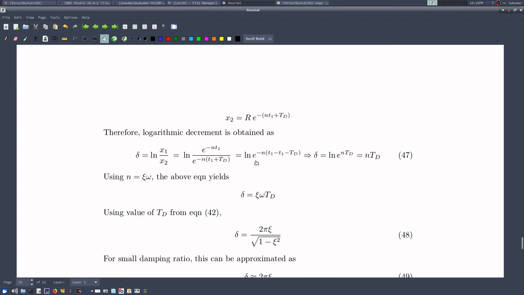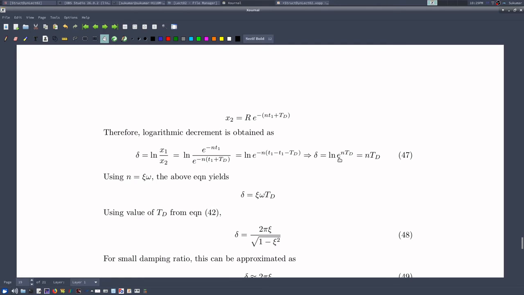So by using power rule I will have this, and therefore finally this t1 and t1 will be cancelled, and this minus will become plus. So I will have delta equal to natural logarithm of e to the power n td.